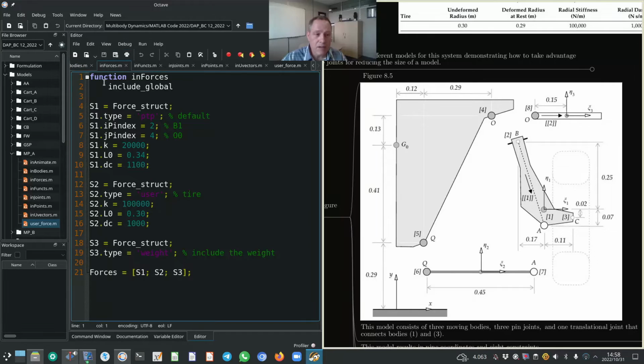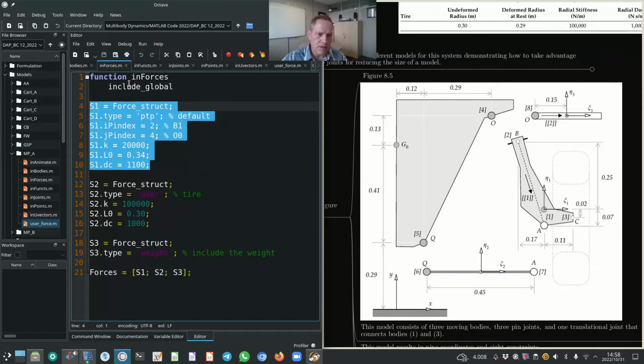I just quickly want to show you in forces, just to confirm the way in which this logical spring damper reaction force was implemented. Right, so okay, let's start.